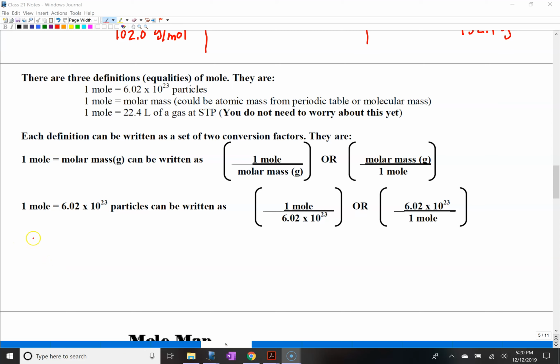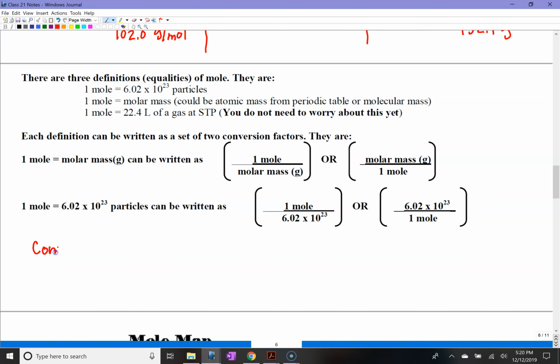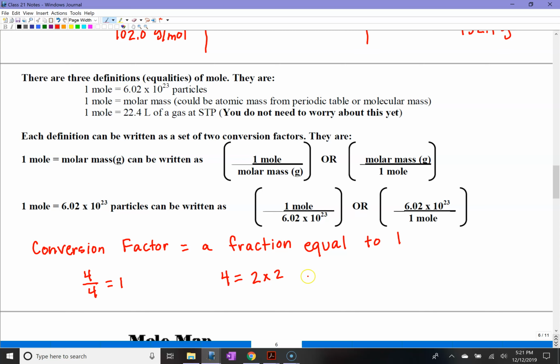And a conversion factor is simply a fraction that's equal to 1. So if I say 4 divided by 4, that's going to equal 1. But I also know that 4 is equal to 2 times 2, which is also equal to 3 plus 1.